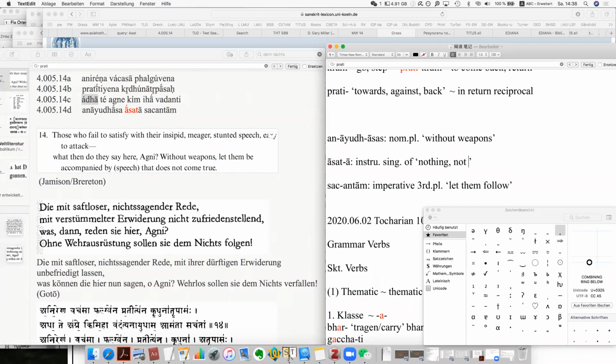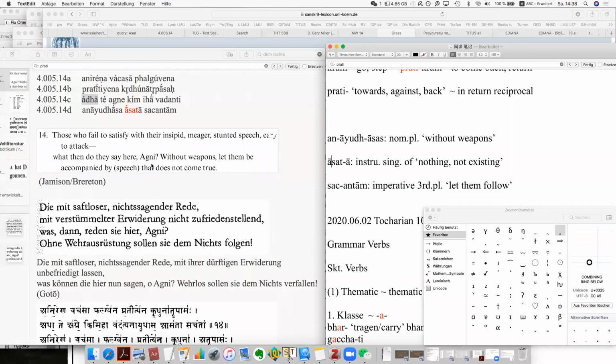So from sat, and I have already explained why we have a long A here, and this long A is older, historically correct. We have a long A here, means nothing. Dann nichts verfolgen. So ohne wer Ausrüstung sollen sie denn nichts verfolgen?